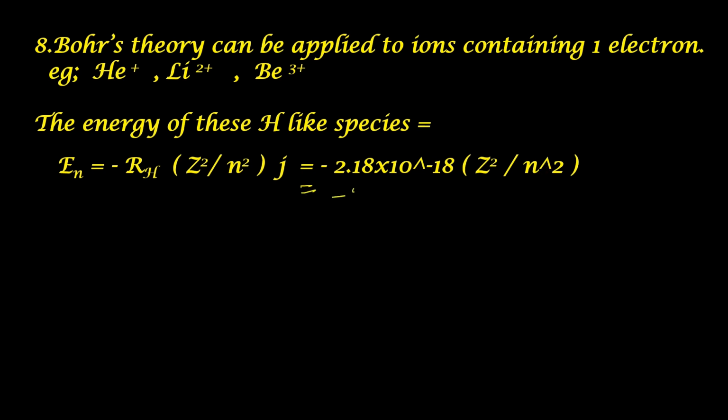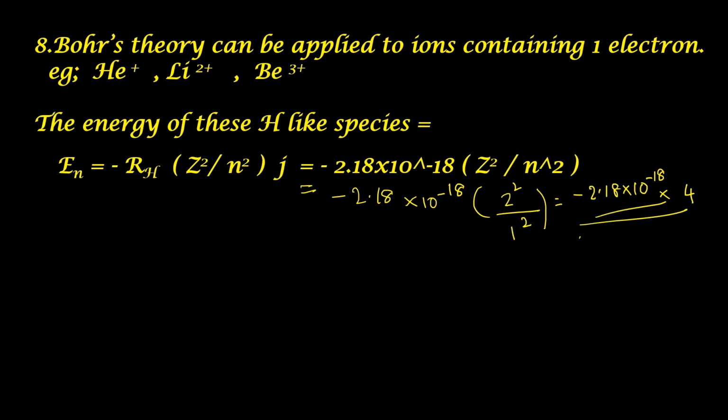So for helium ion, this energy becomes equal to negative 2.18 into 10 raised to minus 18 into 2 raised to 2 by 1 raised to 2, which is equal to 1 only. So it will be equal to negative 2.18 into 10 raised to minus 18 into 4 joules.